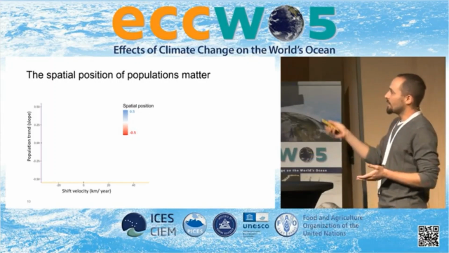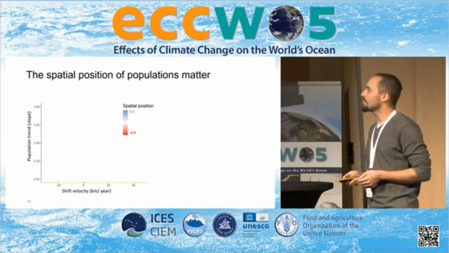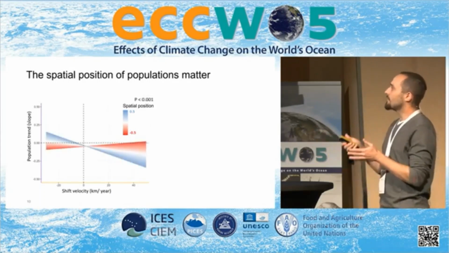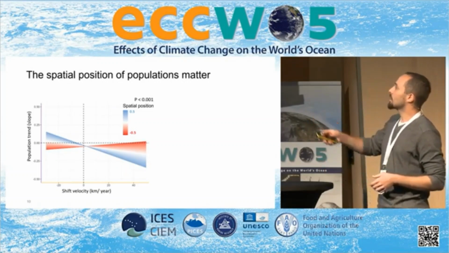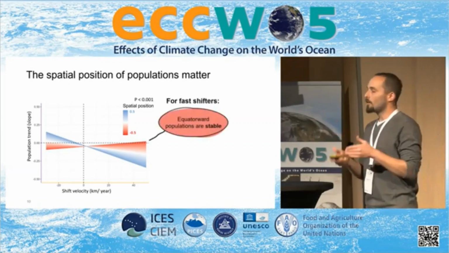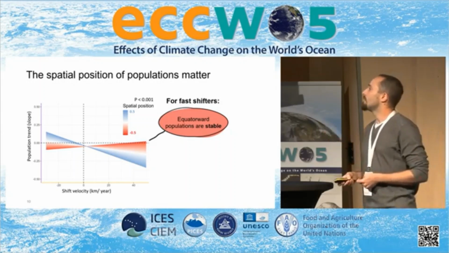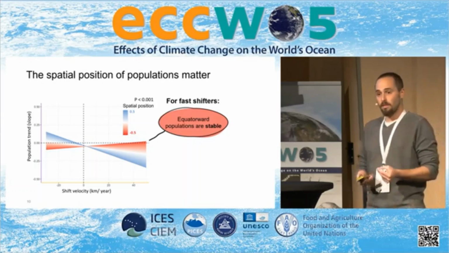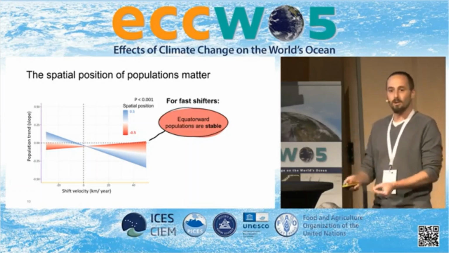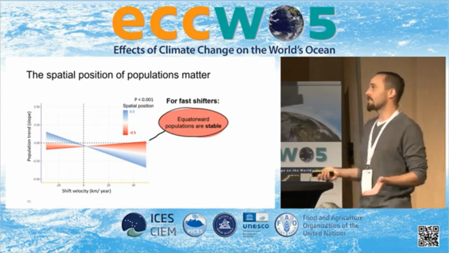The next step we took was running an interaction between shift velocity and spatial position. We found a significant interaction, meaning that you can see in red those equatorial populations that are relatively stable, no matter what the shift velocity of the species is. That was also counterintuitive to us, because we thought that those equatorial populations, which are at the warm edge of the range, might decline due to adverse warming.